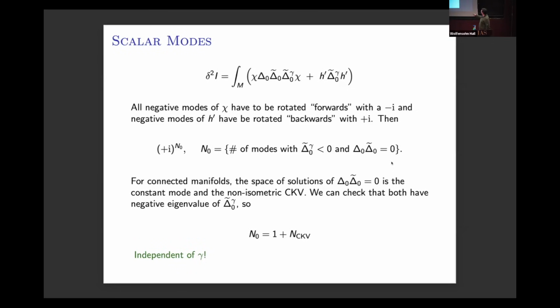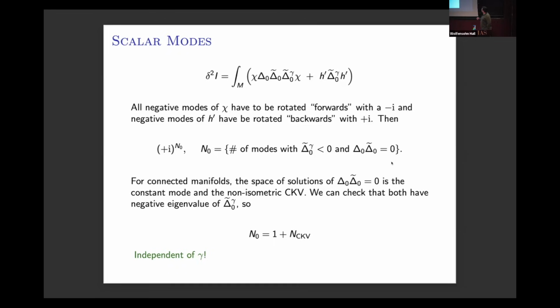So if you have a mode of chi that is a negative mode, but it's also a zero mode of delta delta tilde, then that mode was not included in the path integral to begin with, and then it doesn't contribute to any factor of i. So then the powers of i just come from the number of modes that are negative modes of delta tilde gamma that happen to be in the kernel of this delta delta tilde. So the phase comes from H prime, but the chi mode partner doesn't play any role.